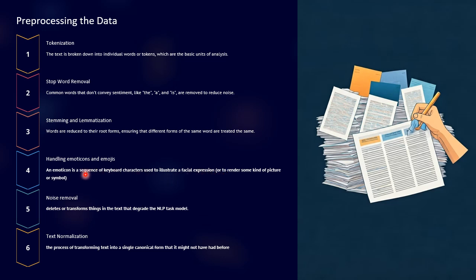So let's go into noise removal. It deletes or transforms the text into a degraded form for the task to model it. And lastly, text normalization is the process of transforming a text into a single canonical form which it might not have had before.